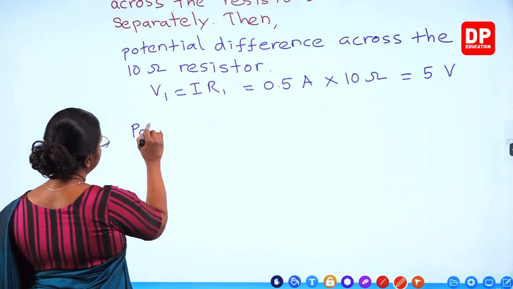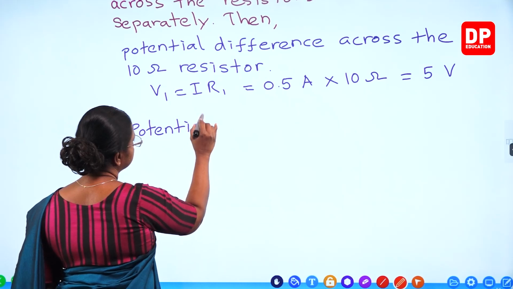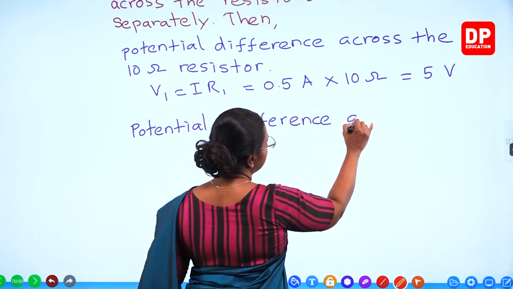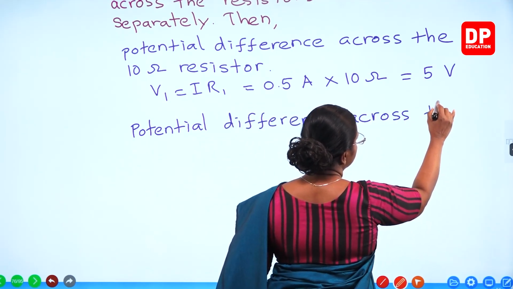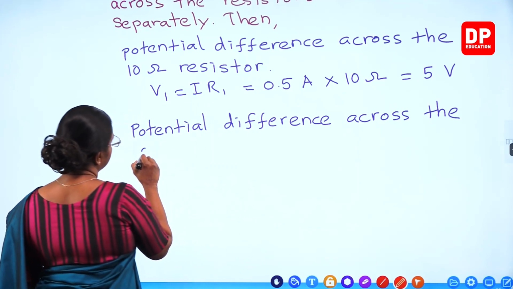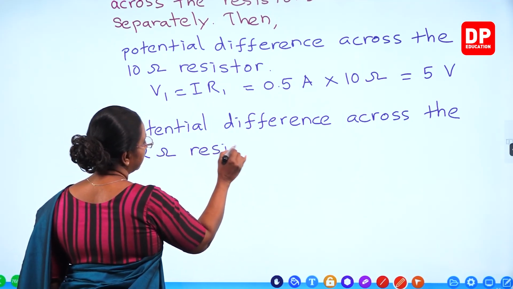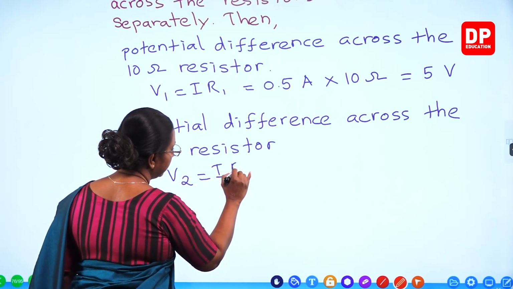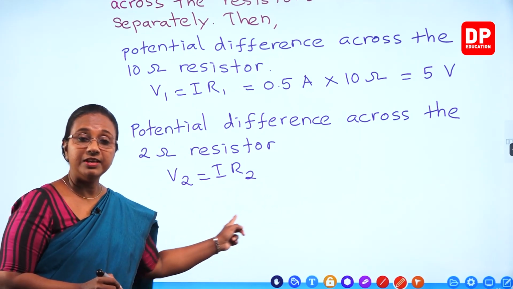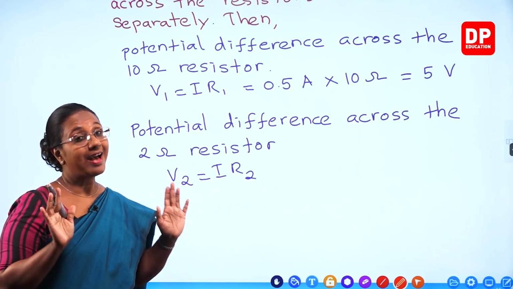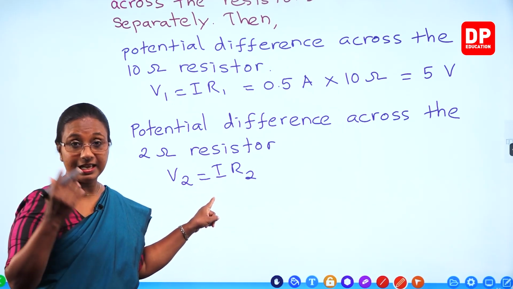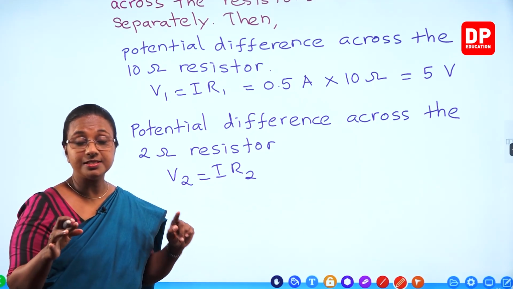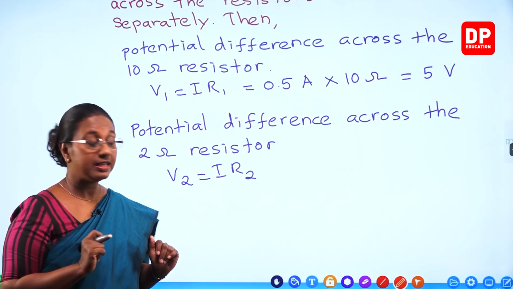Then potential difference across the 2 ohm resistor. That is V2 equals again I into R2. When we write the equation again and again, students, I am sure you all can understand, you will get it clearly that the current does not change through the resistors when they are connected in a series combination.